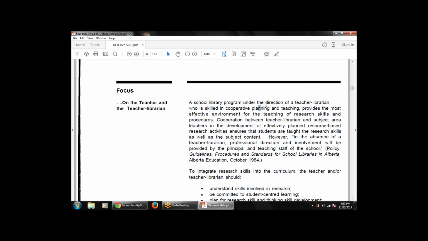A school library program under the direction of a teacher librarian who is skilled in cooperative planning and teaching provides the most effective environment for the teaching of research skills and procedures. This is the most important line.